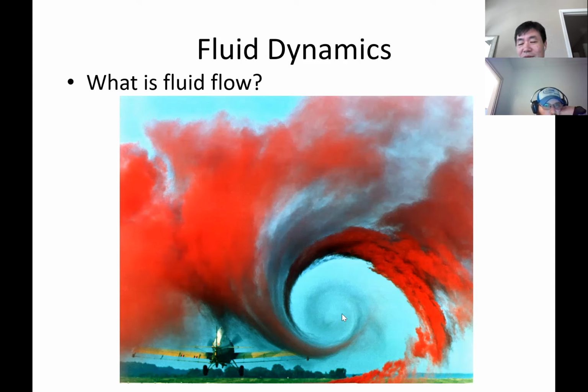If the strength is really, really big, then it becomes a tornado. You know what a tornado can damage, right? If the vortex becomes so large with strong strength, then it becomes a hurricane.